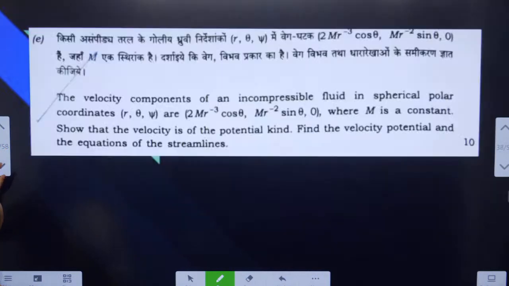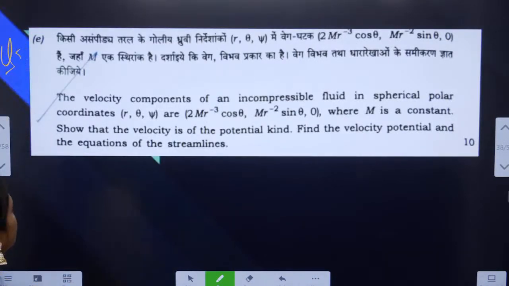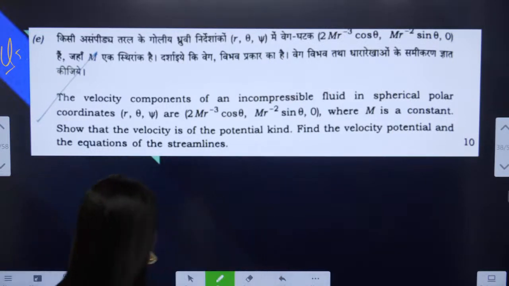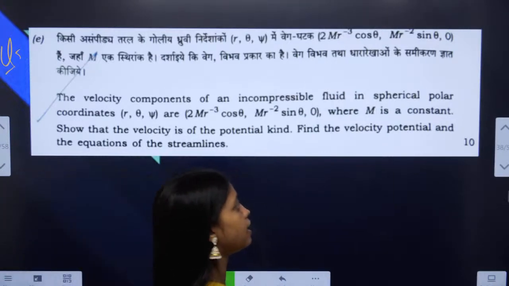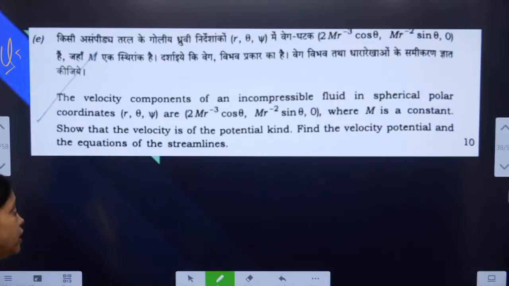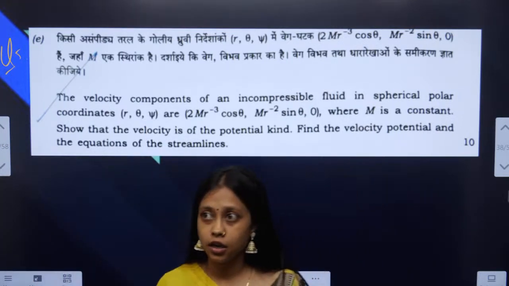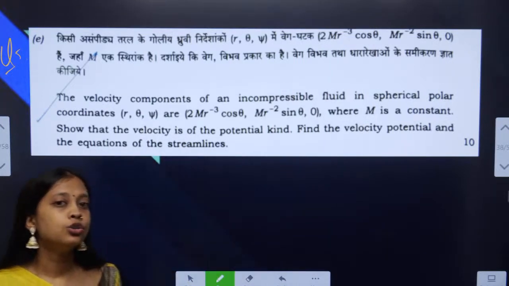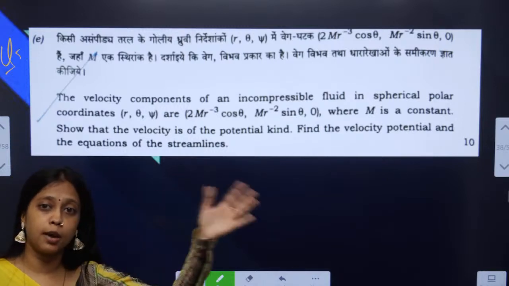Next, again the fifth part, E: the velocity component of an incompressible fluid. I hope you know the meaning of incompressible fluid; we have done that in fluid dynamics. In spherical polar coordinates r, theta and psi. Because the change of coordinates has happened, you have to get out of that notation i cap, j cap, k cap.